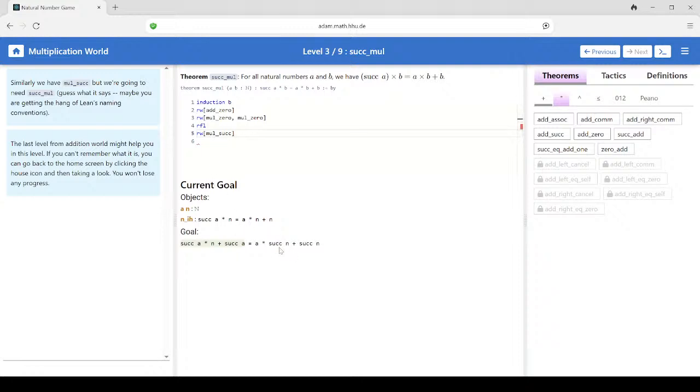the successor of N, this is suspiciously close to this, I think. Somehow if I can get the successors of N to just become N. But I don't know how to do that.